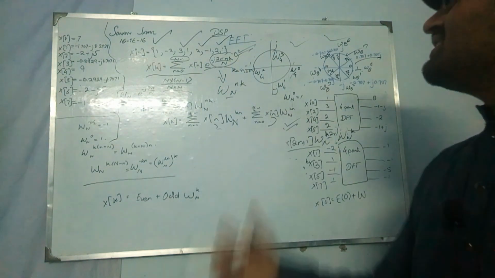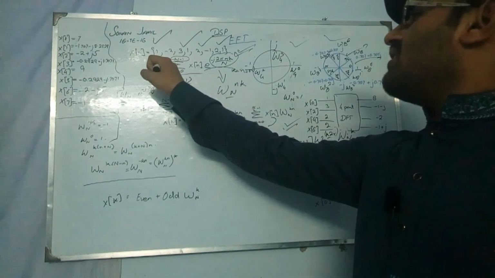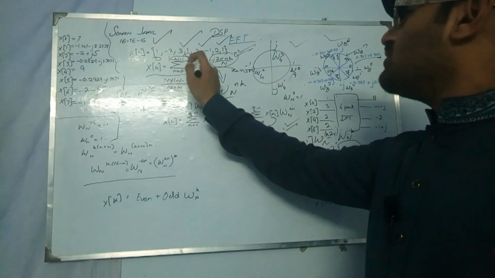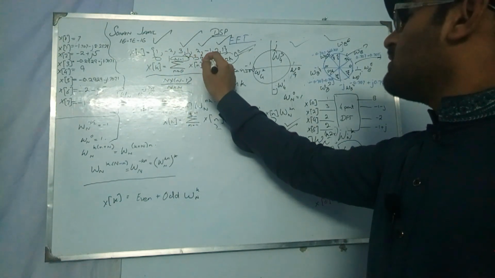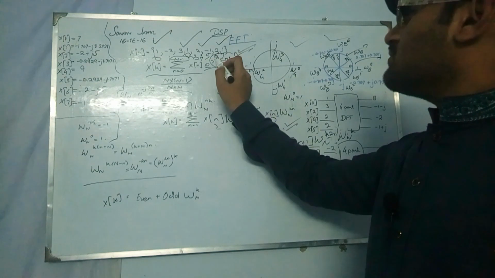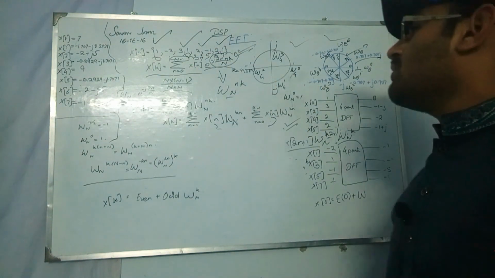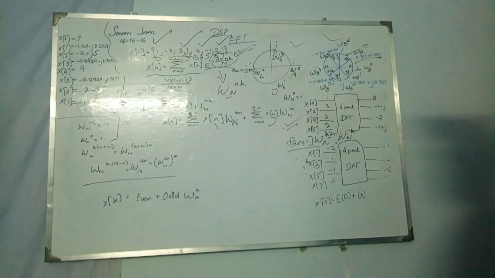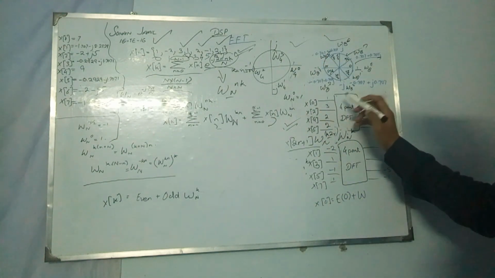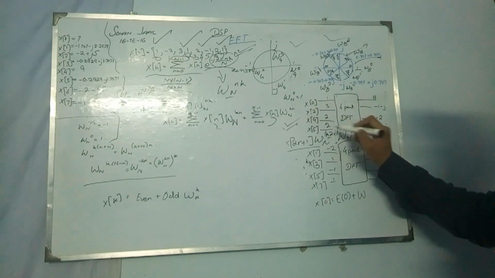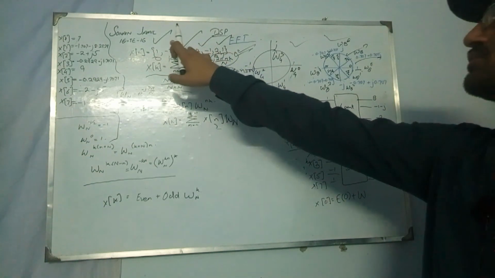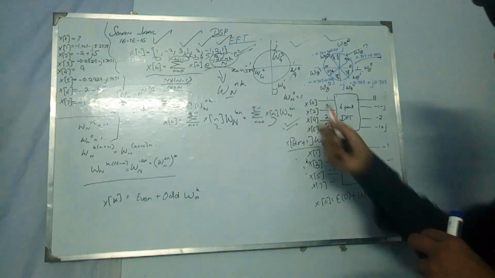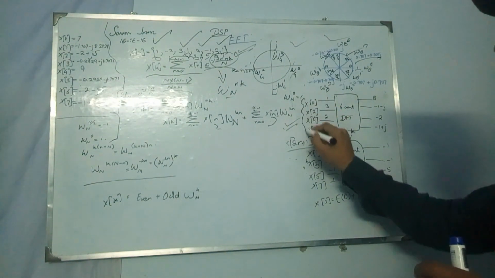The amplitudes that I marked are even amplitudes. As you can see, 0, 1, 2, 3, 4, 5, 6, 7, so 6, 4, 2, 0 are even amplitudes. I've written here 1, 3, 2, 2, for the even part.